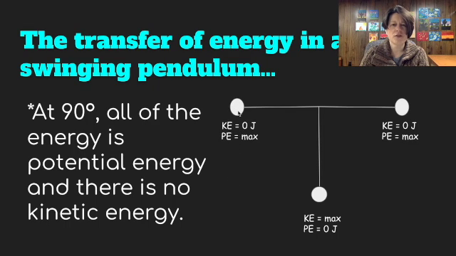So, let's say you pull the pendulum back to 90 degrees. Okay, so you've pulled it up to 90 degrees. Obviously, it's not moving yet, so 0 joules of kinetic energy, but it's at its maximum for potential energy. And I don't give a number here because it depends upon the mass and the length of the string, the height, basically. So I don't include numbers here. I'm just saying it's at its maximum.